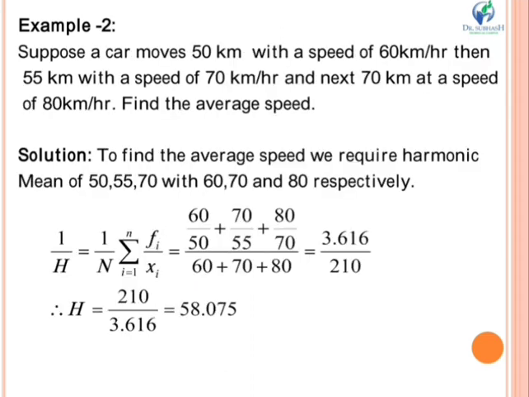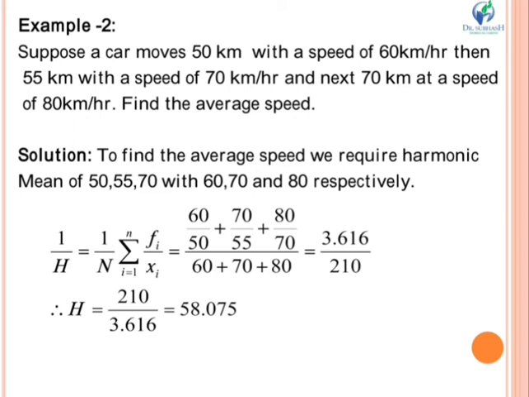Now let us take one more example. Suppose a car moves 50 km with a speed of 60 km per hour, then 55 km with a speed of 70 km per hour and next 70 km at a speed of 80 km per hour. Find the average speed.